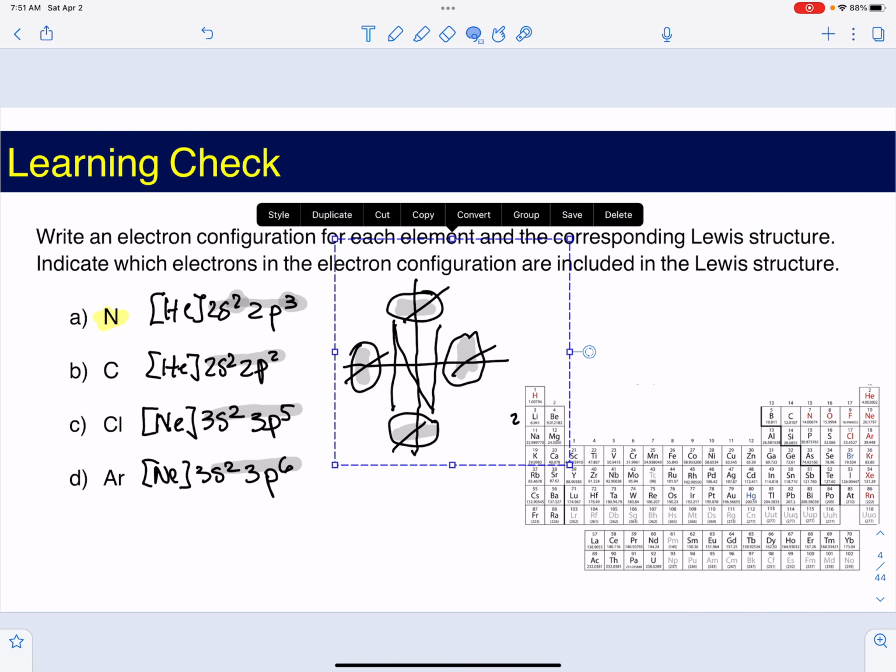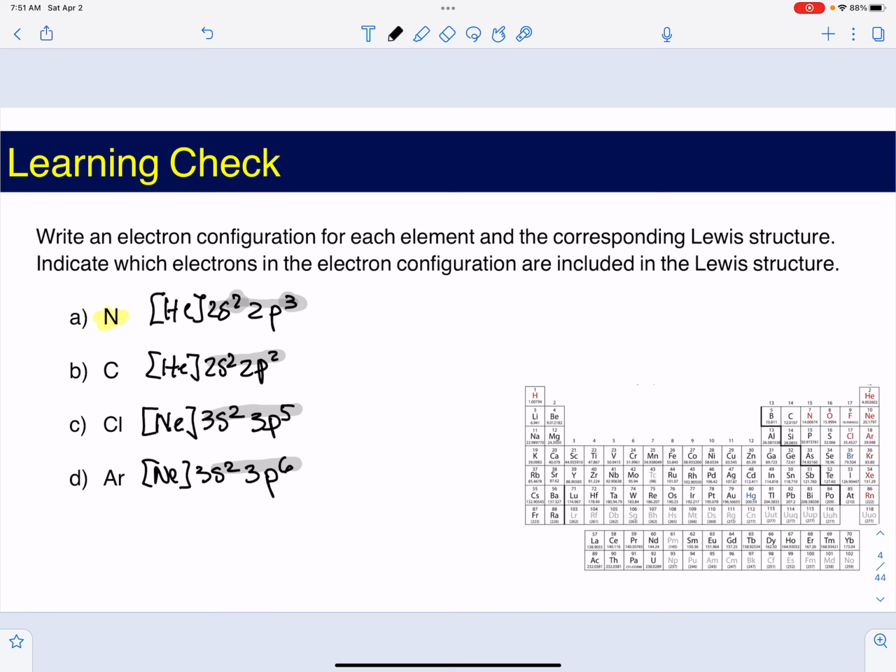So once more, we're going to do nitrogen. Nitrogen has 5 valence electrons, so 1, another one on another orbital, another one on another orbital, and then you have to put one more there. So why is this important?